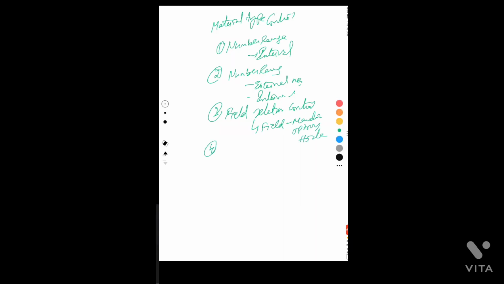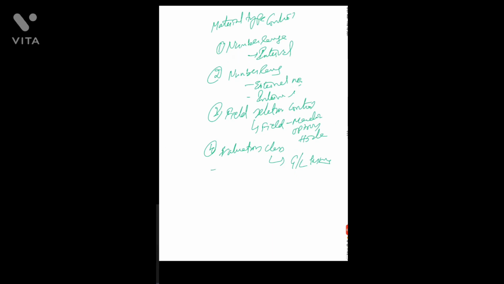The fourth one is the GL account code, which is the valuation class. Which valuation class should be hit? For GL account posting, we use this valuation class.